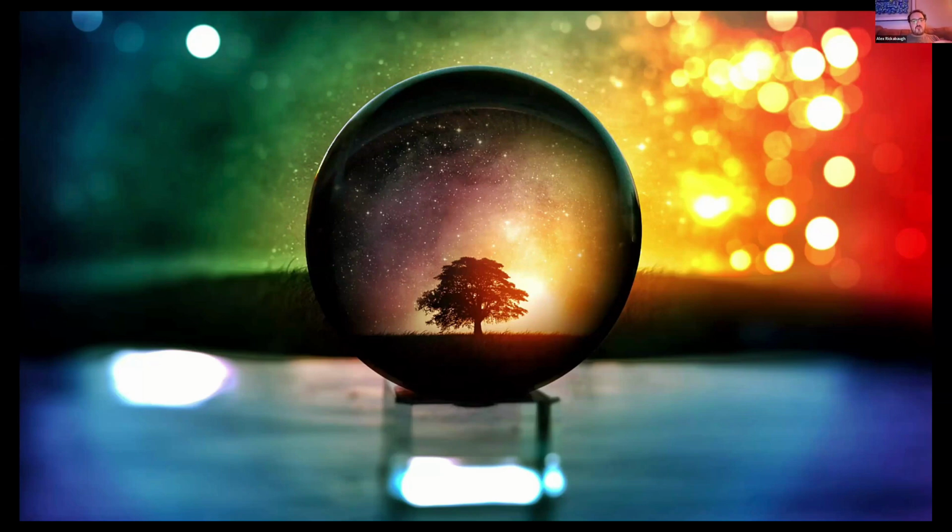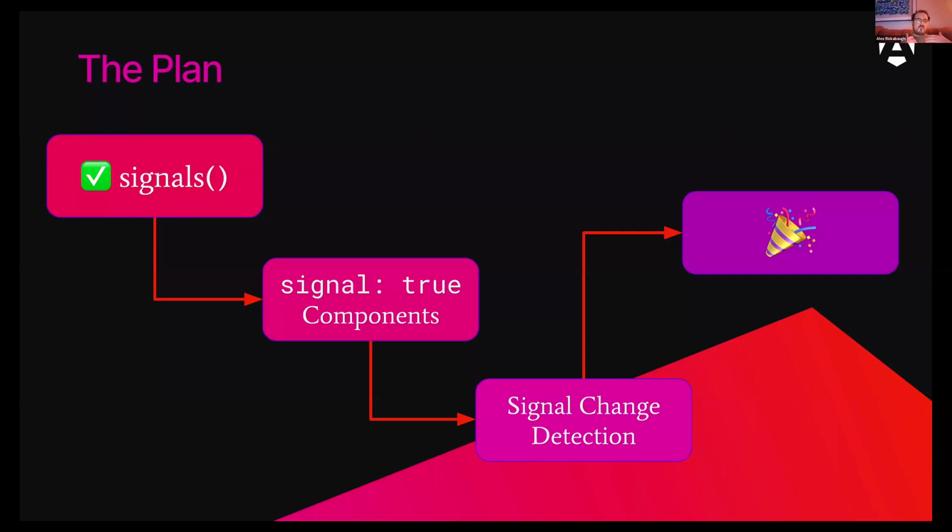So next I wanted to look at where we are with signals and where we're going, what's coming in the future. Six or eight months ago, we presented a plan in an RFC, and the RFC described a path from adding signals to Angular to this thing we called signal components and signal change detection, and eventually being able to get to a fully zoneless application, right?